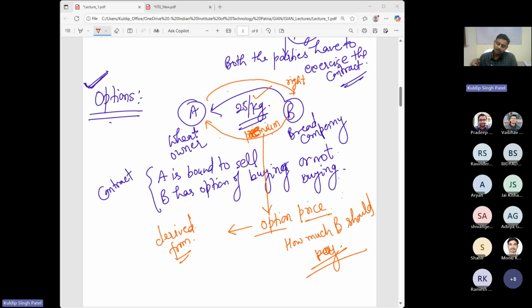I'll give one more example and then I'll come to why it is called derivatives. Every one of you buys certain things from Amazon or Flipkart or any e-commerce website. Whenever we buy anything, suppose a laptop, it shows that you can get an extended warranty of this product for 1 year for rupees 500.